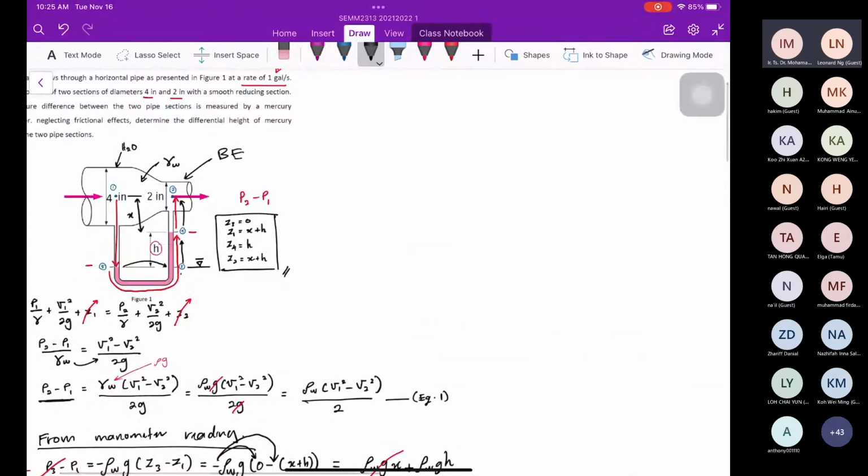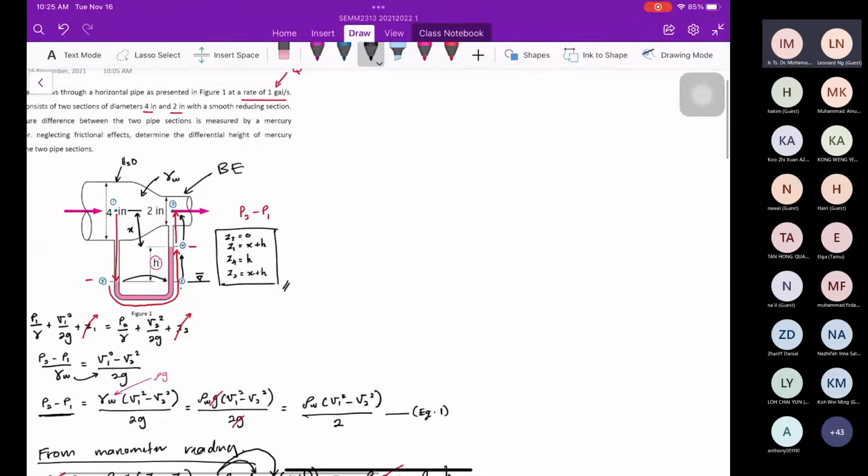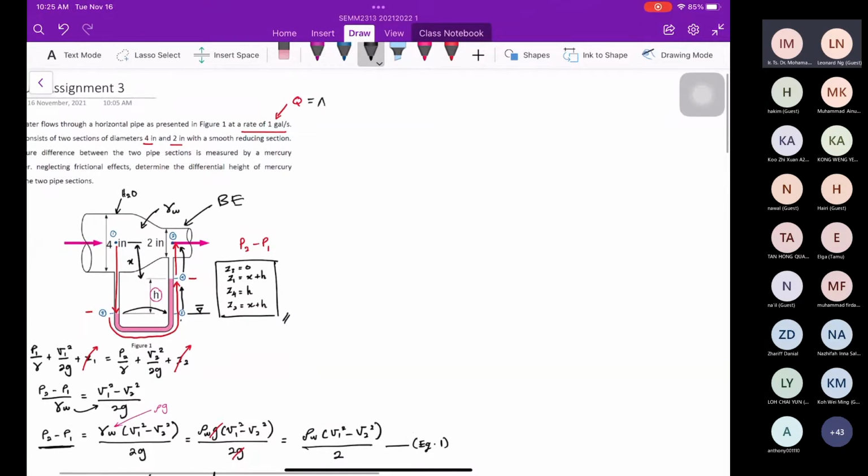You know that from the volume flow rate, Q equal to A multiplied with velocity. So to get the velocity equal to Q over A1, Q over A2.